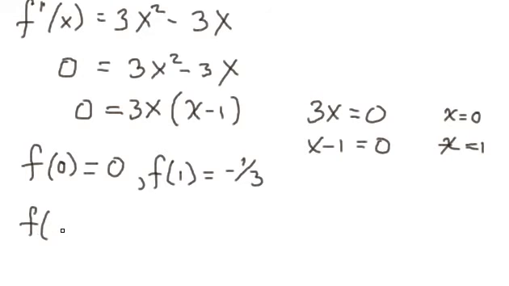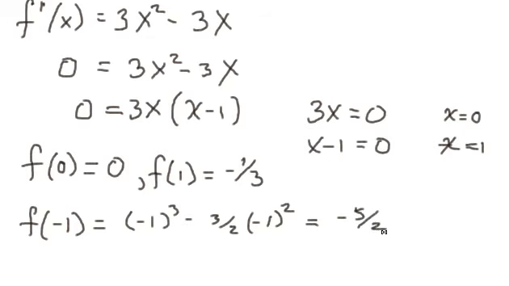So f of -1: we plug in -1, and we get minus 1 minus 3 halves times -1 squared. When we do the math on that, we should get -5 halves.